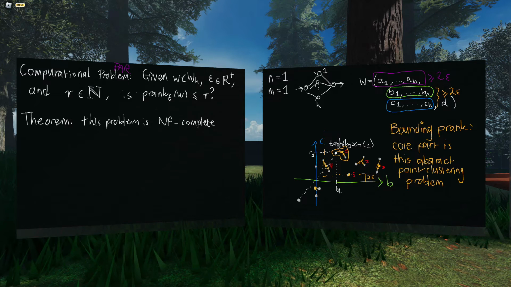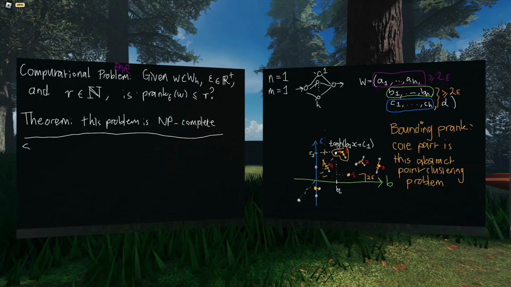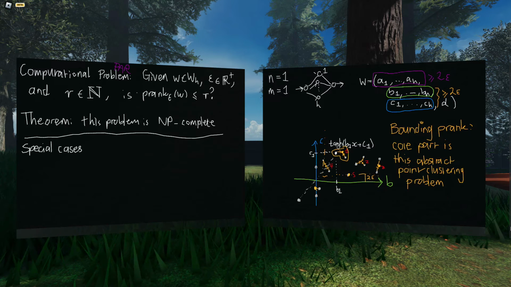As a bit of a silly example, I'm going to make some special cases. If you want to determine, with R equals H, whether the parametric approximate rank of W is less than or equal to H, where remember W is in WH.